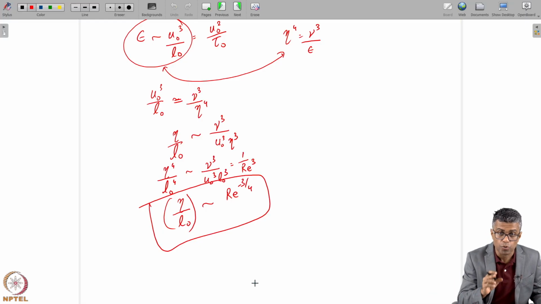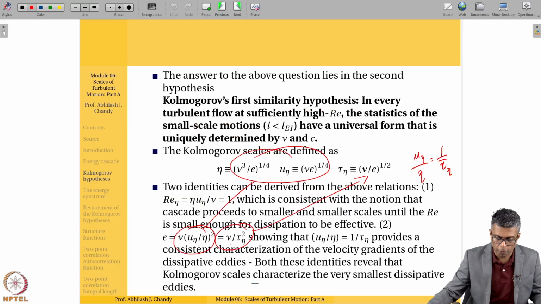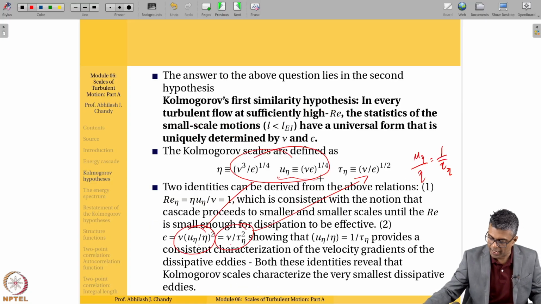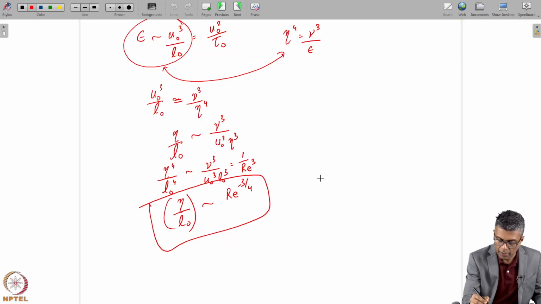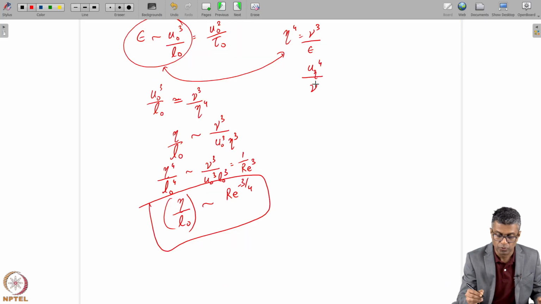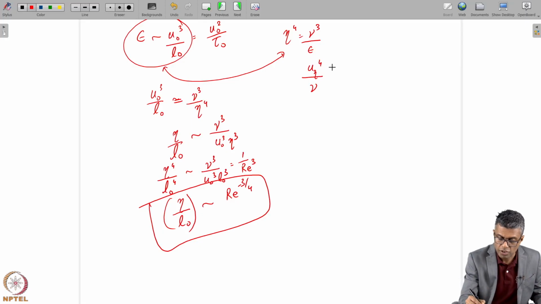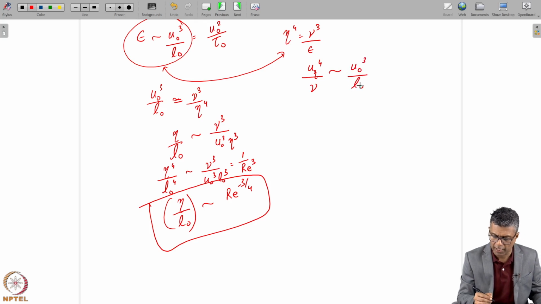I'll use the u eta equations from the Kolmogorov scale. So if I go back here and use this particular equation for u eta, I will have u eta to the 4 divided by nu. This is equal to epsilon according to the Kolmogorov's equations. This is of the order of magnitude of epsilon as I know it, which is u0 cube over L0.